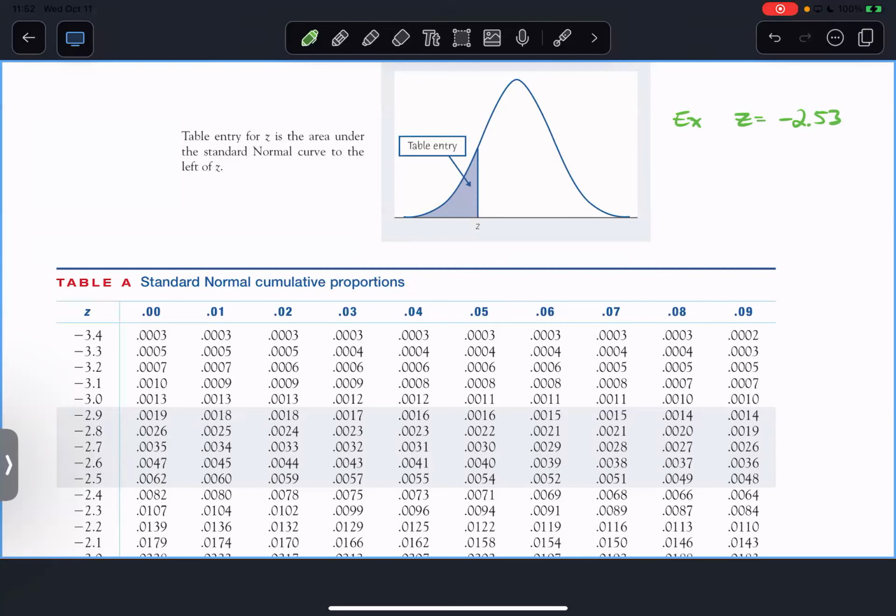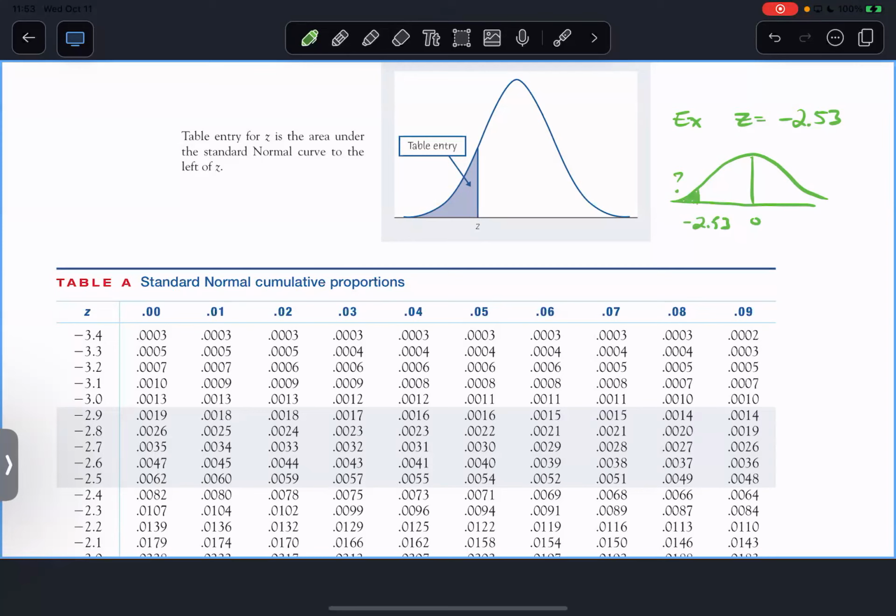What's the probability of finding something smaller than that? Centered on 0, -2.53. I want to know what that area is because I'm trying to find the probability. It's just a made up example, so I can do whatever I want.